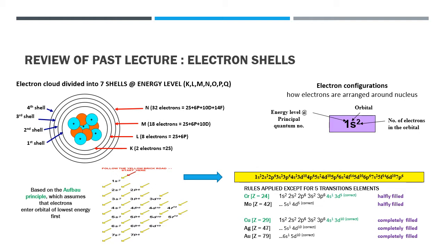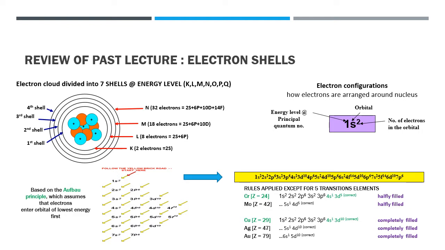Then at the L energy level, 8 electrons, which consist of 2s and 6p orbitals. At the third level, which is the M level, 18 electrons are present, which is 2s, 6p, and 10d orbitals. And at the fourth shell, which is the N shell, we have 32 electrons, which is 2s, 6p, 10d, and 14f orbitals.